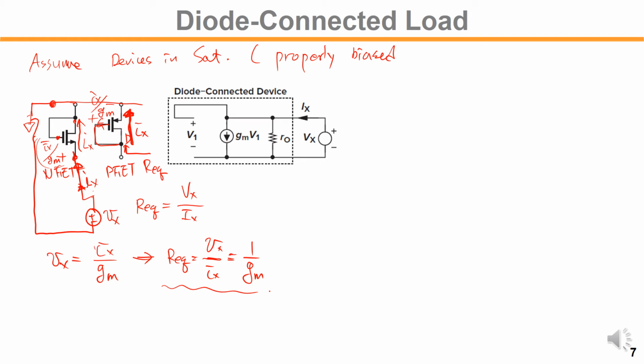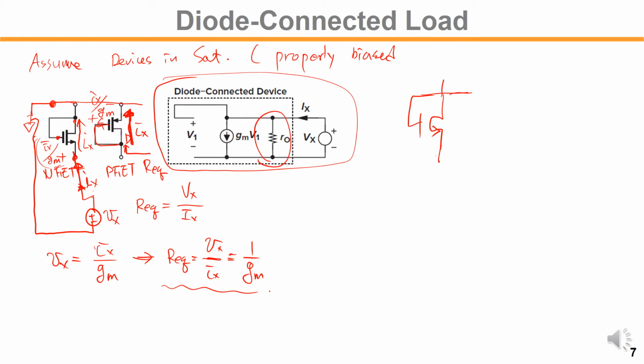And this right hand side, this small signal equivalent model, is for your reference. If you consider the output resistance, for example, we have a diode connected transistor. If you consider output resistance RO, this part is ideal, we are assuming, meaning RO of this part is just infinity.